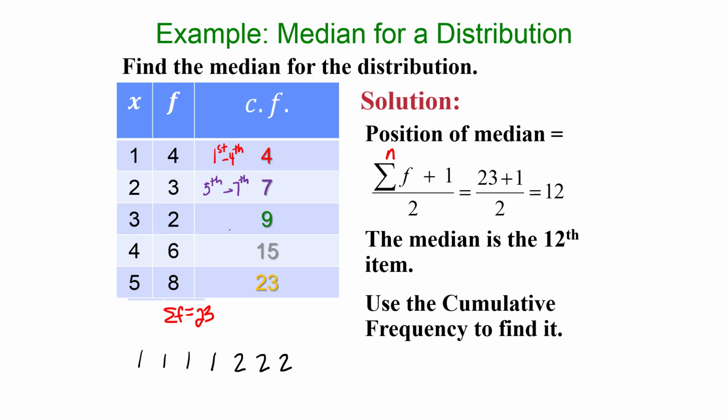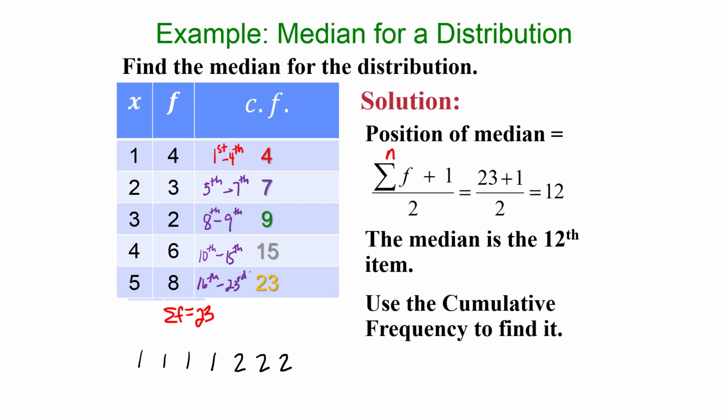Are you with me? And then which ones are 3s? 8th and 9th, yeah. And then which pieces of data are 4s? The 10th through the 15th. And which pieces of data are 5s? The 16th through the 23rd.